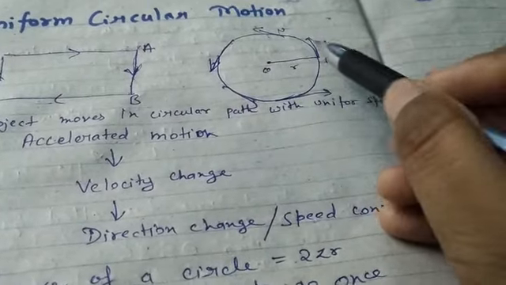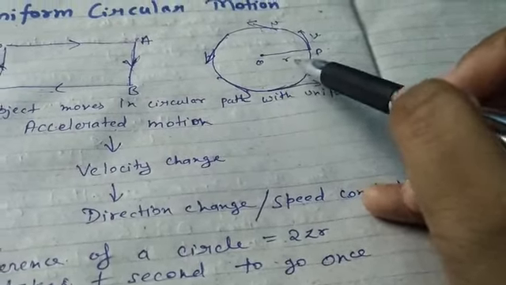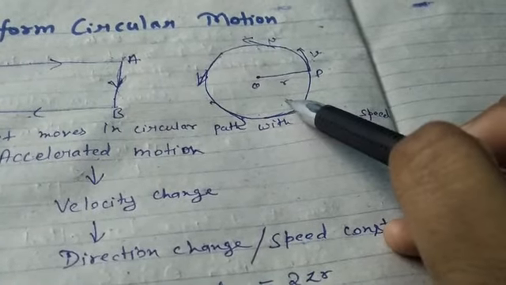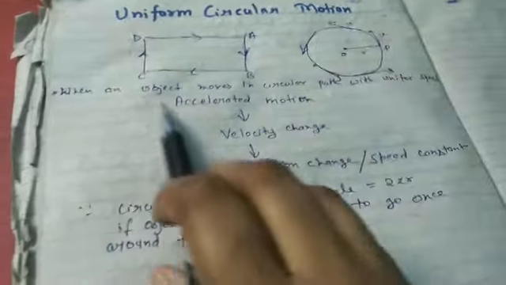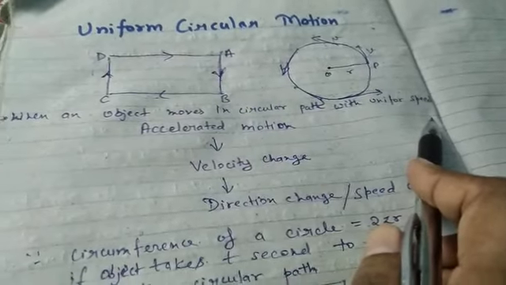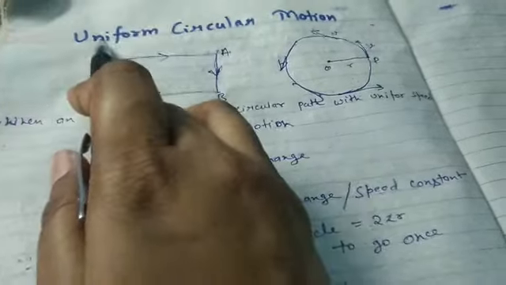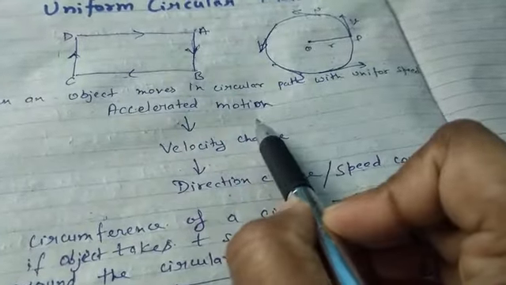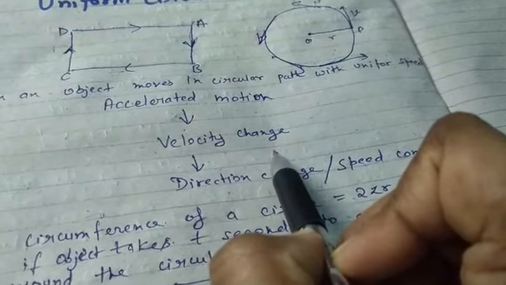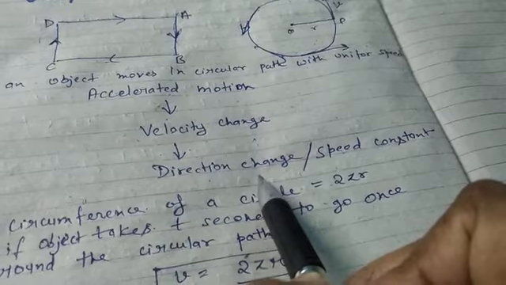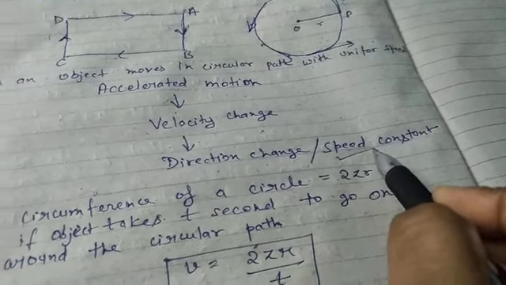So this kind of motion is called accelerated motion. When an object moves in a circular path with uniform speed, that motion is called uniform circular motion. And this motion is an accelerated motion. Why? Because velocity is changing, and velocity is changing because direction is changing, but speed remains constant.